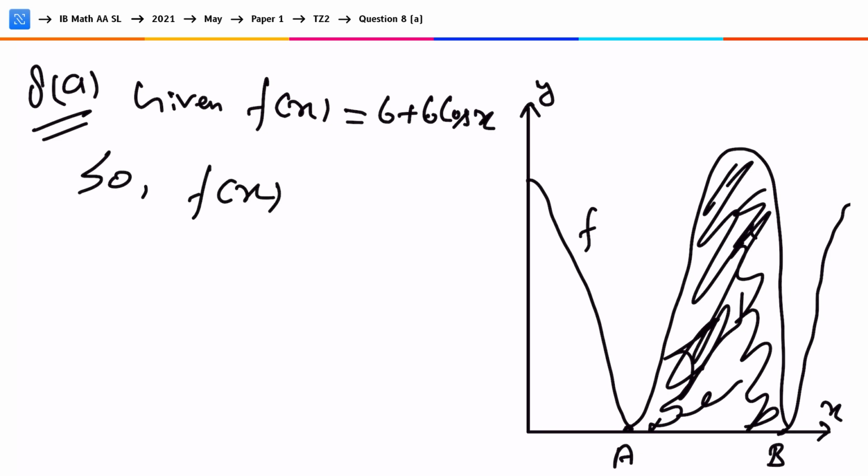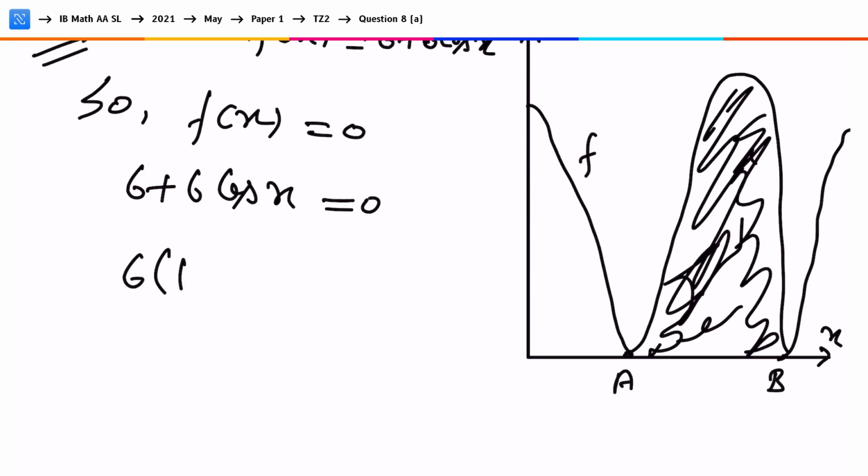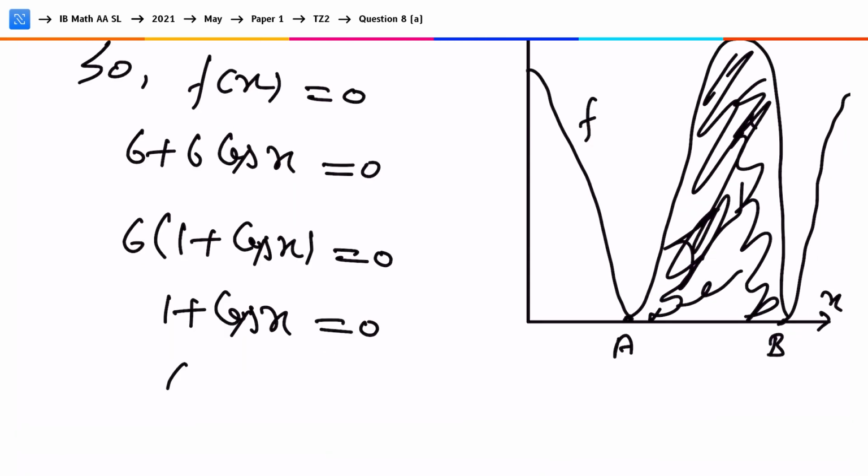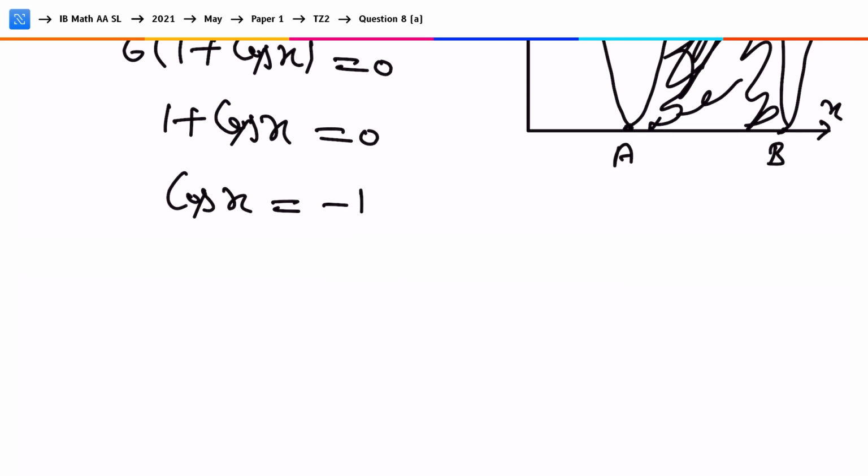F of x equals 0. We set 6 plus 6 times cos x equals 0. This simplifies to 6 times 1 plus cos x equals 0. So 1 plus cos of x equals 0. Cos x is equal to minus 1. Cos x is equal to cos pi.